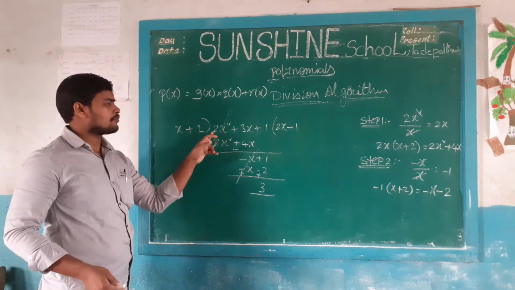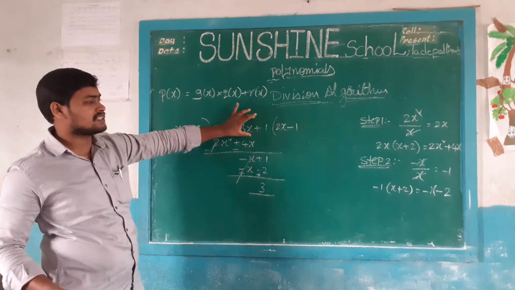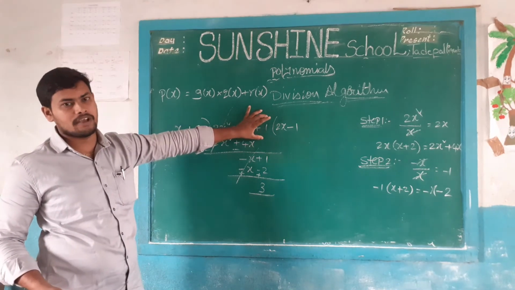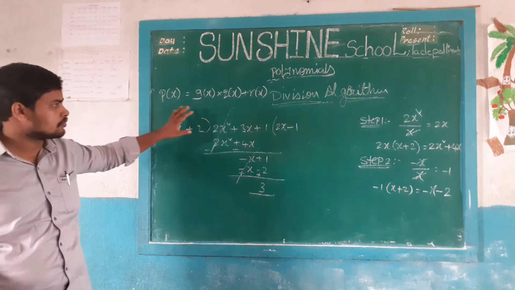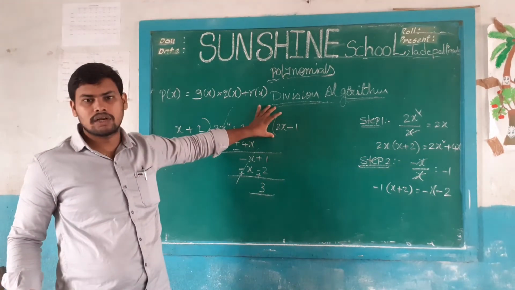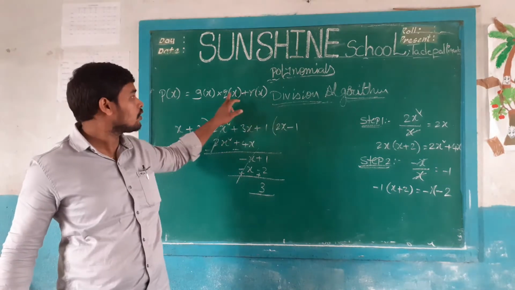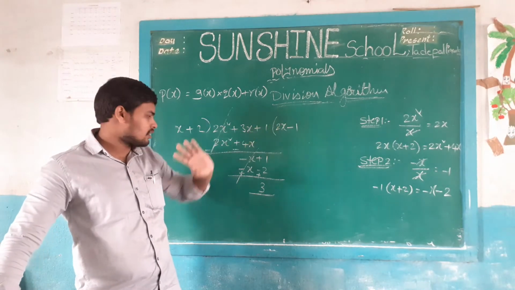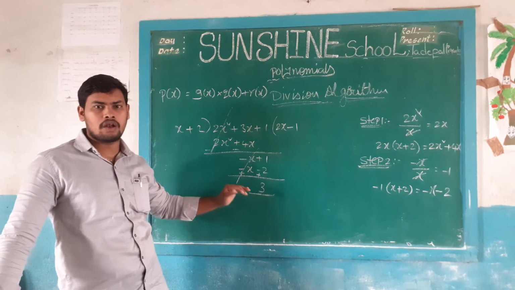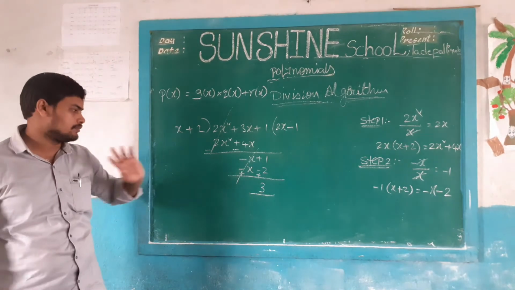This is called the p of x: 2x square plus 3x plus 1. And g of x value is x plus 2. This one is the quotient, which is nothing but the q of x. Q of x value is 2x minus 1. And the last one is nothing but the remainder. R of x value is 3.